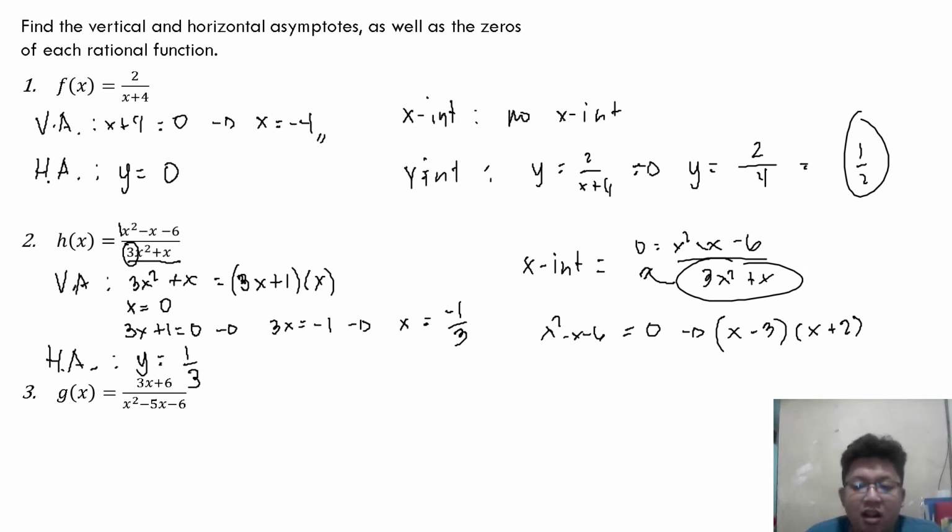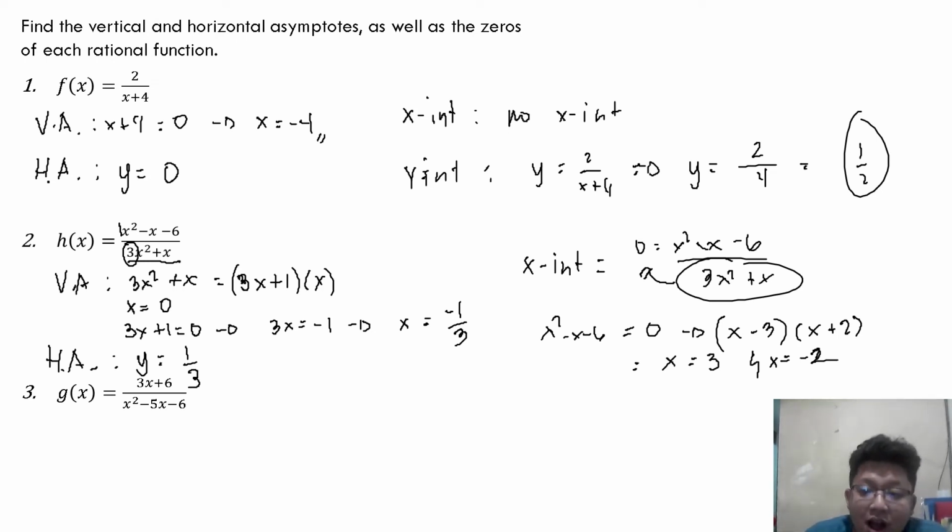So, ito yung 3 and 2 pag minus natin. So, simply equate them to 0. So, we have x-intercepts of 3 and negative 2. Ibig sabihin, may dalawa po tayong tinamaan na x value. Okay, different po itong x-intercept natin sa vertical asymptotes ha.